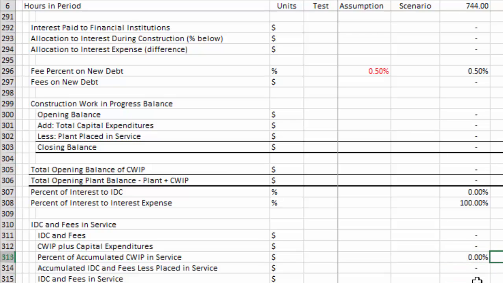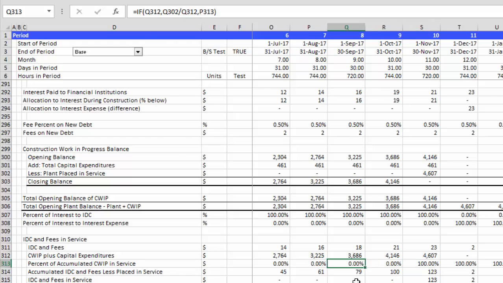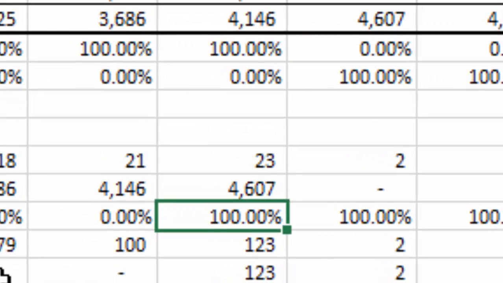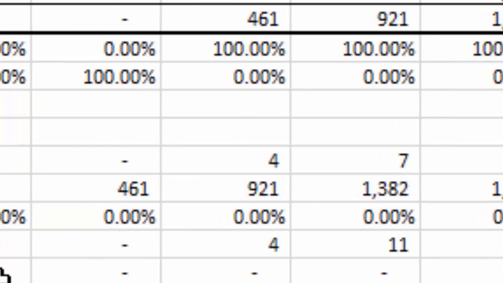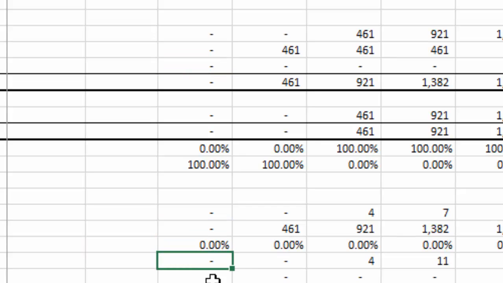So in this case, when we have one single project, it becomes 100%. The plant placed in service becomes 100% here. And I did something else. I said, well, if there's no CWIP or construction work in progress left, just take the last ratio. Don't make it zero. That's part of the if statement.